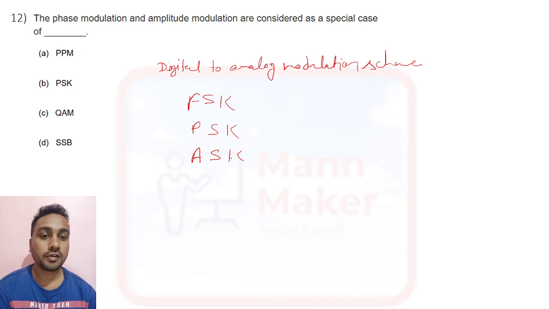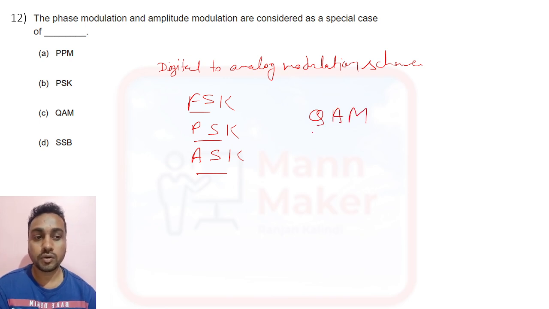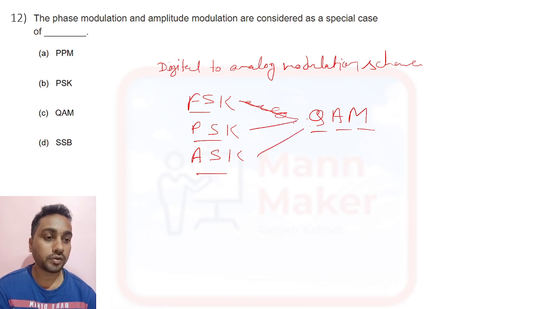Okay. Frequency shift keying, phase shift keying, and amplitude shift keying. Okay. And we have one more thing, QAM, quadrature amplitude modulation. Here in quadrature amplitude modulation, it takes phase and amplitude both. Okay. So that's why the phase modulation and amplitude modulation are considered as a special case of quadrature amplitude modulation.